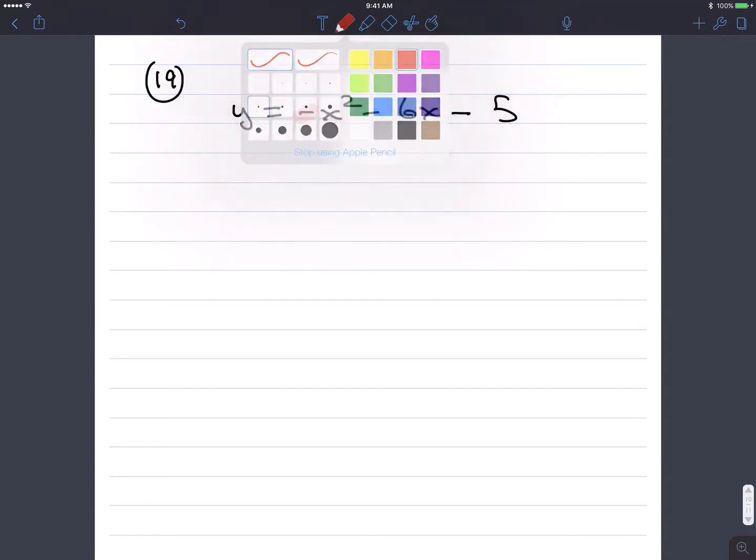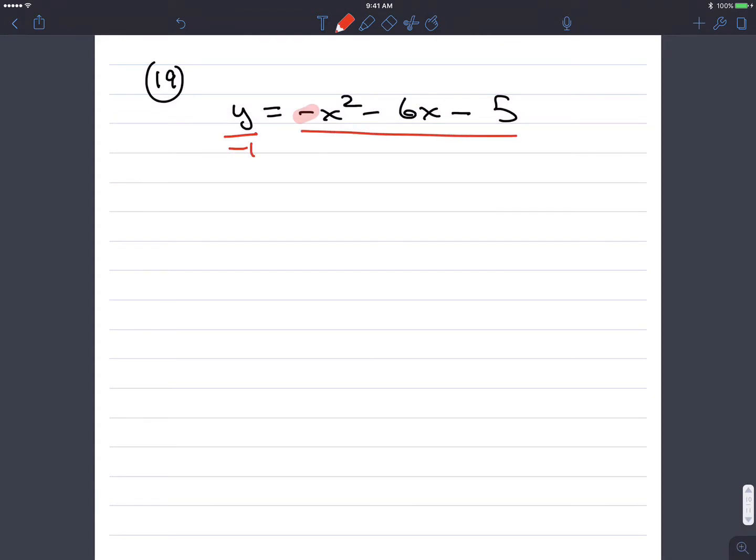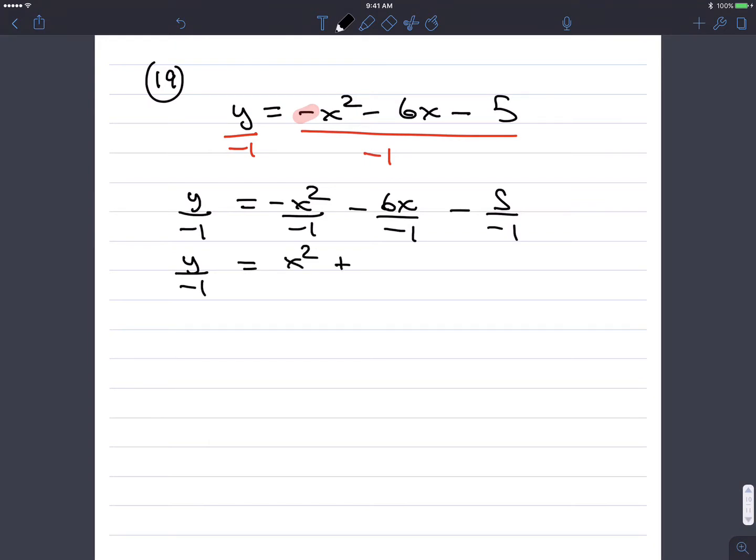So we're going to have to divide both sides by negative 1. y over negative 1, negative x squared over negative 1, minus 6x over negative 1, minus 5 over negative 1. y over negative 1 is x squared plus 6x plus our 5. And we can also even replace y over negative 1 simply by negative y, and that's fine too.